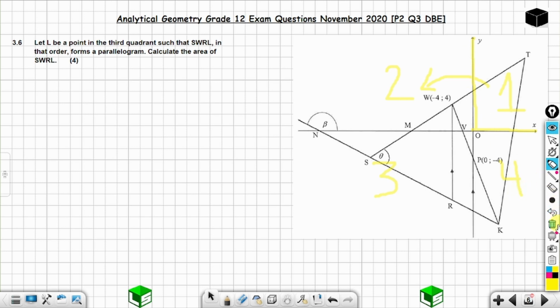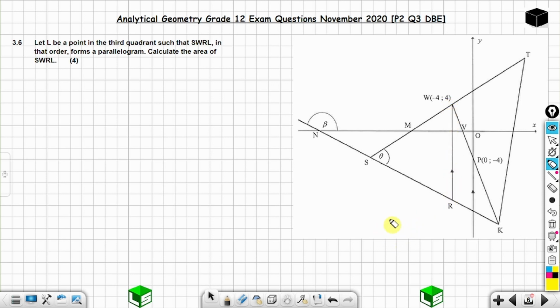So the question says, let L be a point in the third quadrant. In this quadrant, you have to form a parallelogram, okay. So the parallelogram will be SWRL.